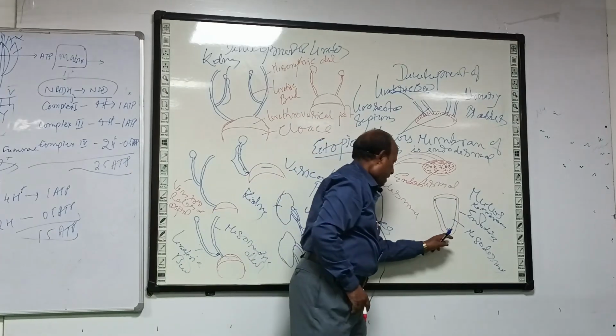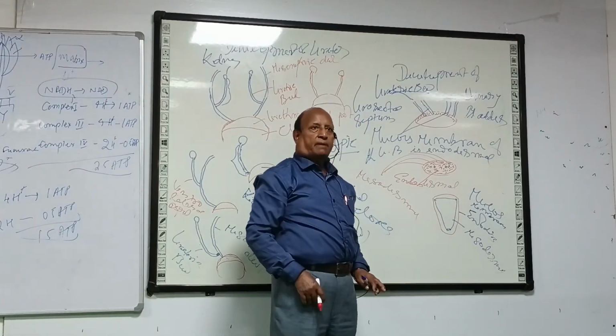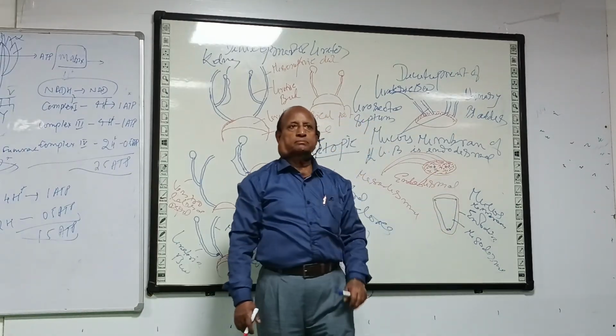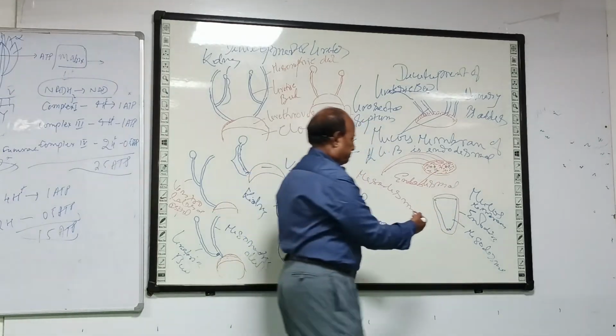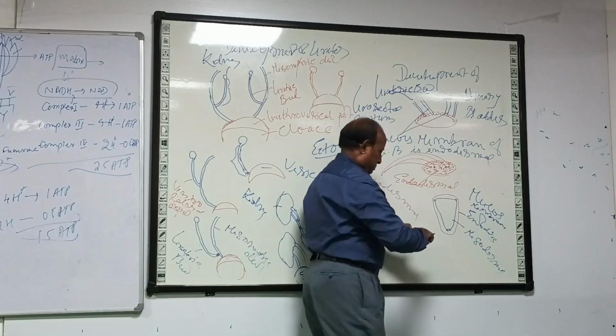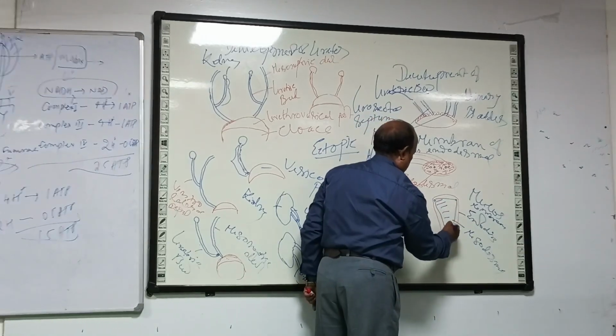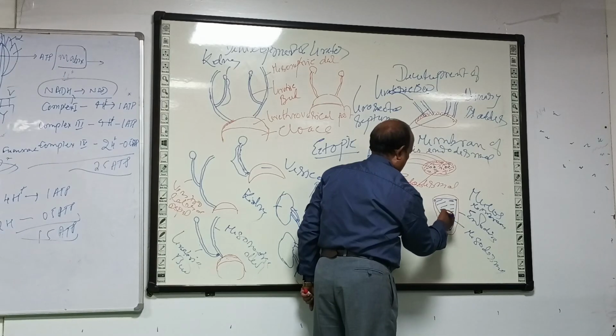Or the next two are here. So what happens? It becomes a triangular structure.